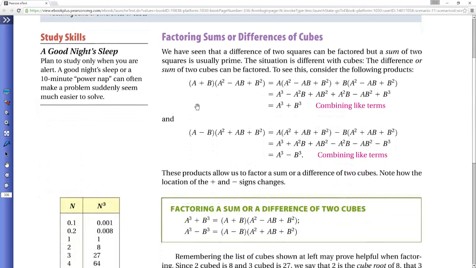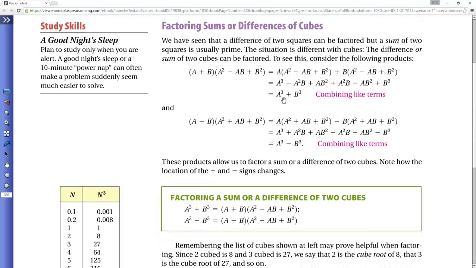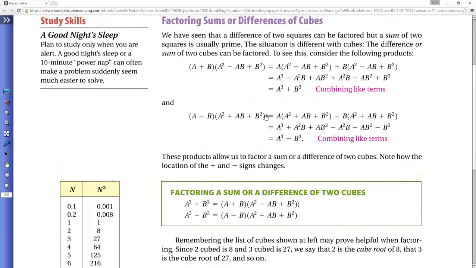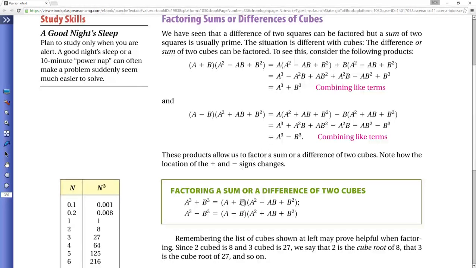They're looking at these two things here. When this pattern occurs, usually the result is what we're looking for. We get something cubed plus something cubed, or in this case something cubed minus something cubed. This pattern of how things distribute is key to recognizing it, since we can go the other way.